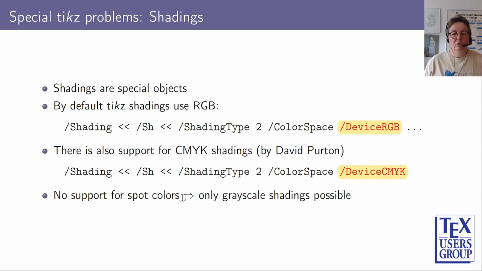But there is no support for spot color shadings, and writing the code to support them would have been too much work, so we used only grayscale shadings in the document. Perhaps sometime someone is found who could extend the support to also allow spot colors.